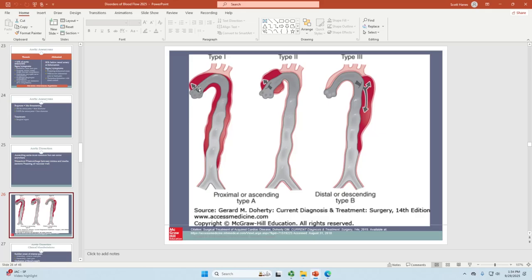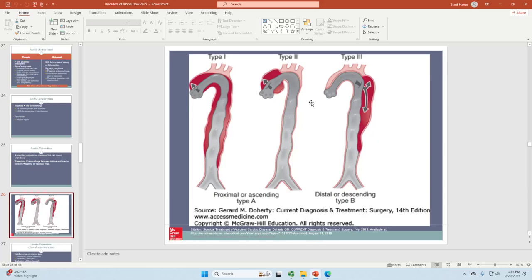Blood can leak to the outside of the aorta and begins to establish a pattern of flow that's outside of the circulation but surrounds the aorta. So it's still within the vessel itself, but it's not within the part of the vessel that delivers blood to the rest of the body.